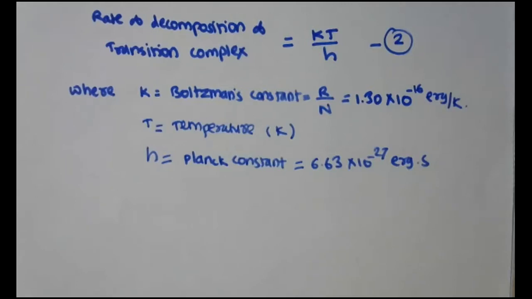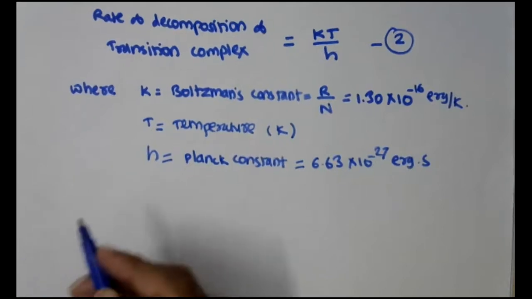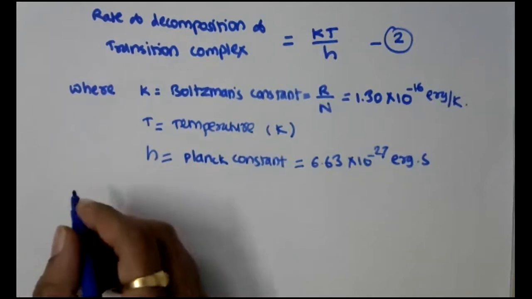So the rate of decomposition of transition complex is equal to kT upon h. Now, since it is given that the transition complex is formed, we can rewrite equation 1.